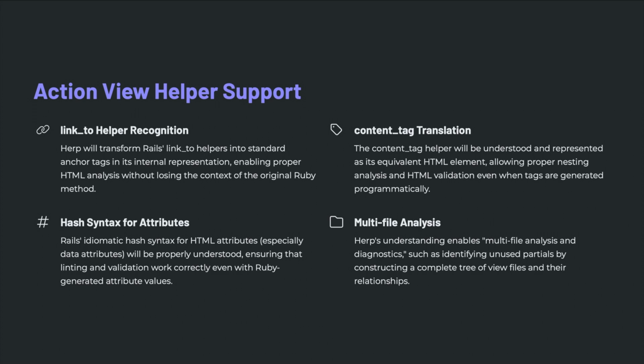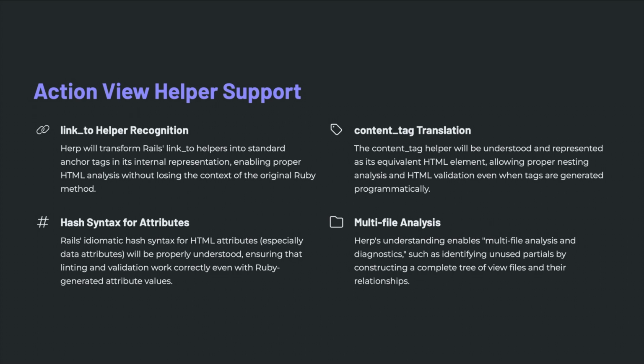And really importantly, because it knows where the ERB nodes are and what kind of context they're in, like an attribute value, it can perform checks for potentially unsafe interpolation. Looking for those XSS vulnerabilities again. Exactly. Flagging places where dynamic Ruby output is being jammed into sensitive HTML contexts. And the idea is for this to potentially integrate with existing tools like Rubocop, too.